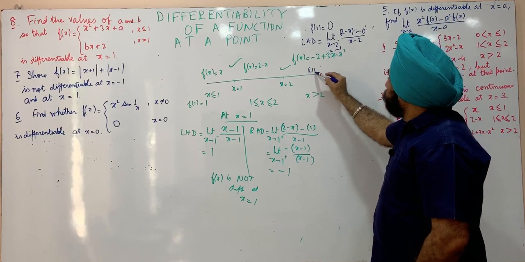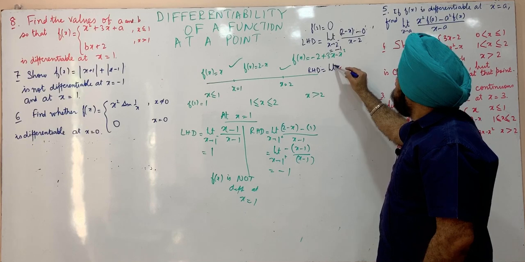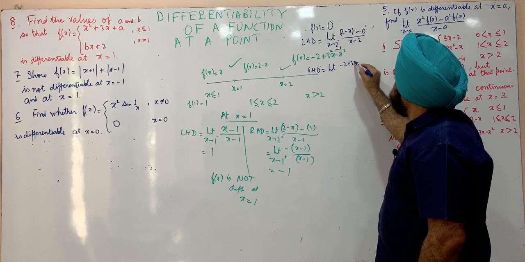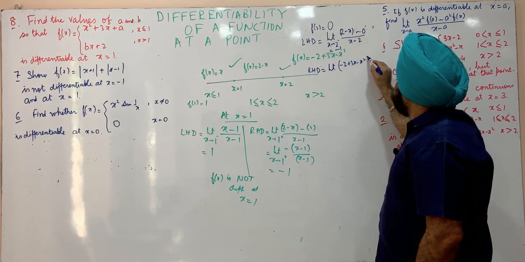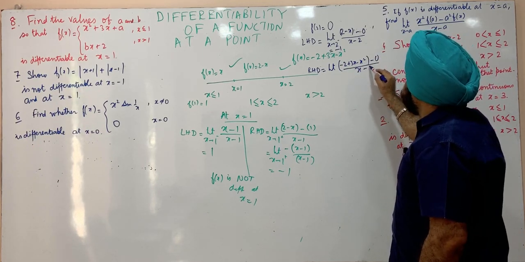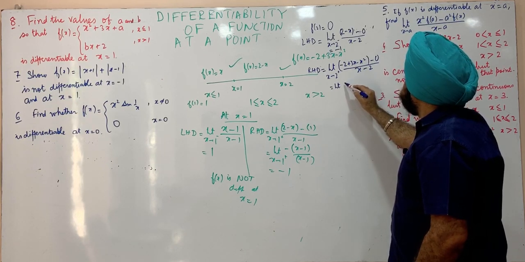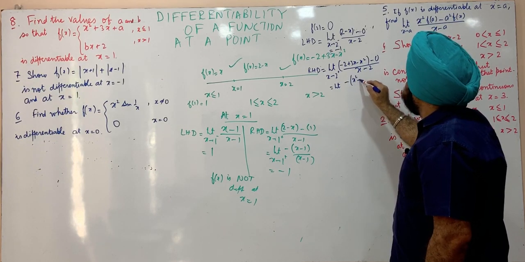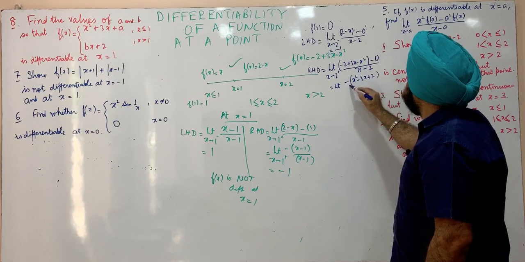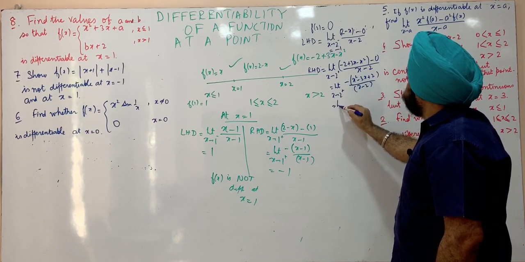We find out right hand derivative. Right hand derivative we get from this expression. So this is minus 2 plus 3x minus x square minus f of 2. F of 2 is 0 upon x minus 2 as x approaches 2 plus. Take minus sign common, it's x square minus 3x plus 2 as x approaches 2 plus.